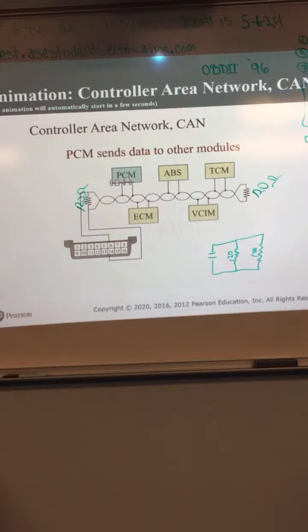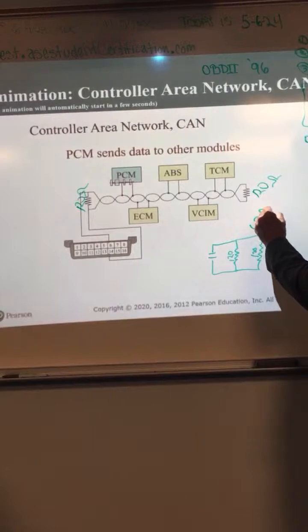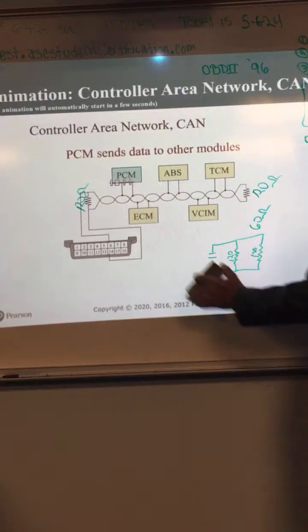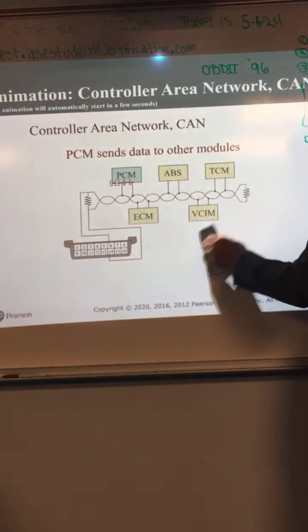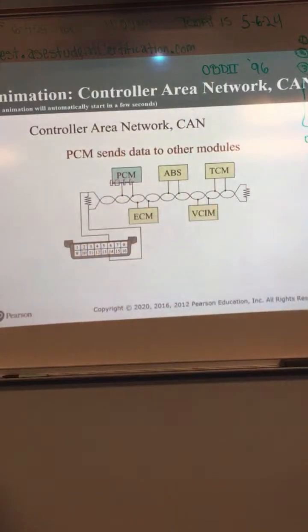Two 120 ohm resistors in parallel. Already forgot what it is, right? Divide the two legs by the 120, so it's just half. 60 ohms. Okay, so you expect to see 60 ohms there if you were to check it with your ohm meter to see if those two terminating resistors were good.